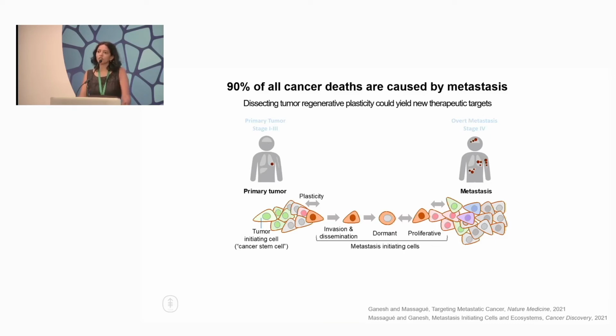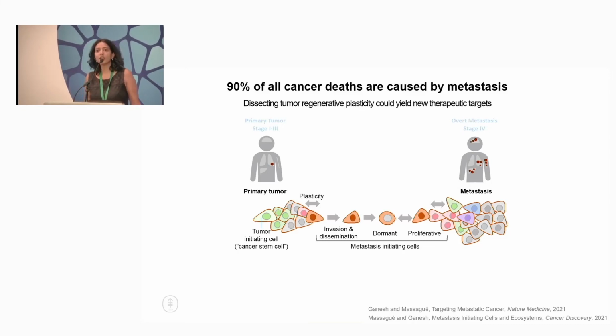Work over the last couple of decades, tumor sequencing efforts, matched primary tumors and metastases from multiple patients, have shown us that there aren't, by and large, many genetic alterations, specifically single gene alterations, that are selected for or that emerge de novo during metastasis.